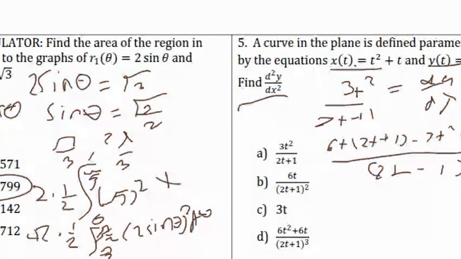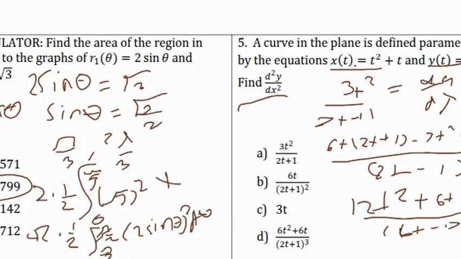And then we want to simplify a little bit. So we'll get 12t squared minus 6t minus 6t squared over 2t minus 1 squared. However, we also have to remember that we have to divide by the derivative of x with respect to t one more time. So it's actually one more 2t minus 1. So it'll become 2t minus 1 cubed.